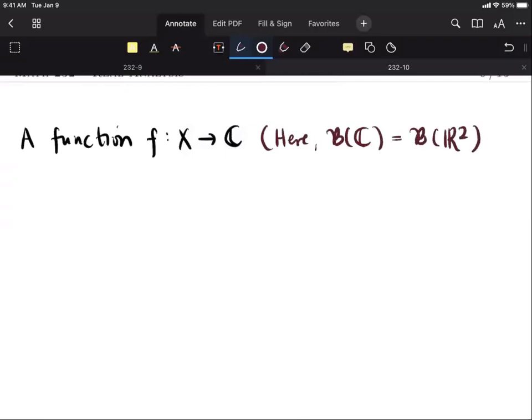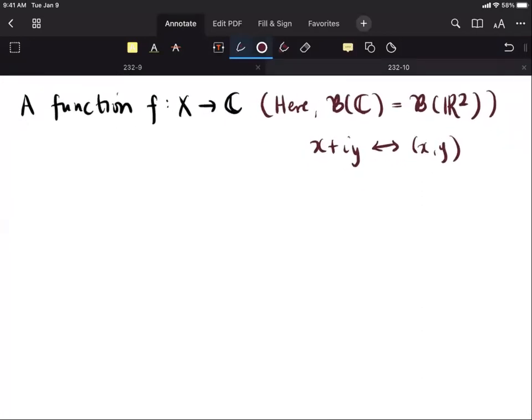So we give the topology of the Euclidean plane to the complex plane. Open sets in R squared are precisely the open sets in the complex plane. Here we identify a complex number x plus iy with the ordered pair (x, y) of real numbers.